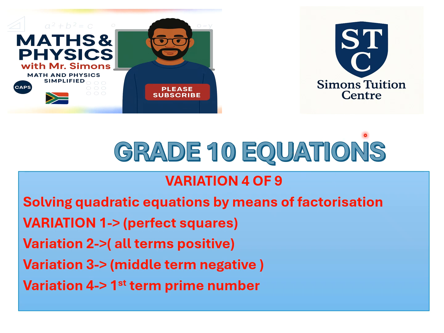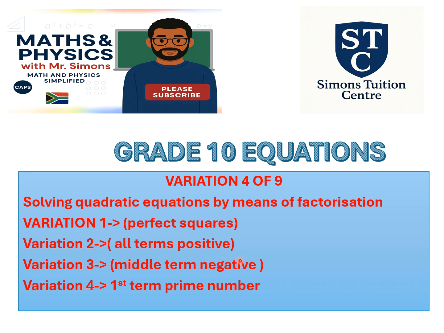So in today's lesson on equations, we're looking at the fourth variation of equations, and this is quadratic equations, which is going to become a very big topic. And we have to solve by means of factorization. In itself, there are four variations. Sometimes I can actually say there's five. I can give you perfect squares. We can give you where all the terms are positive.